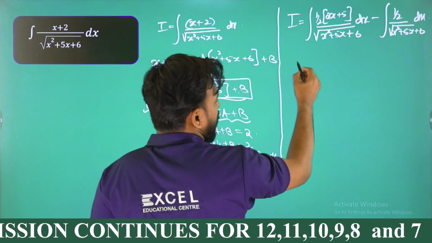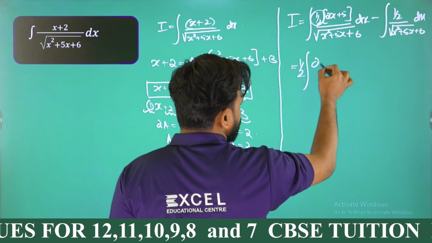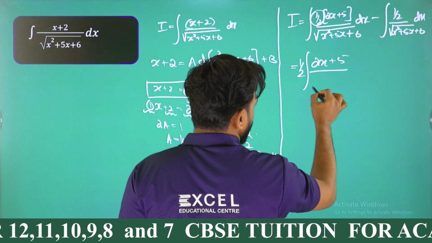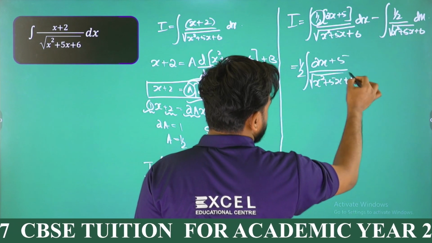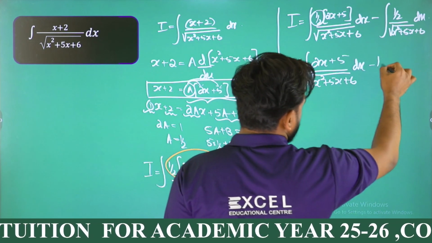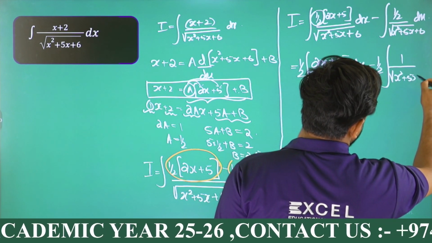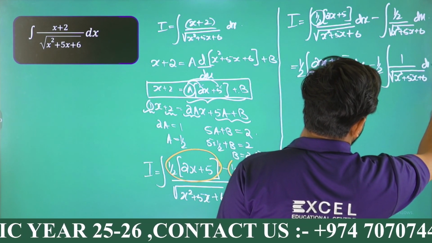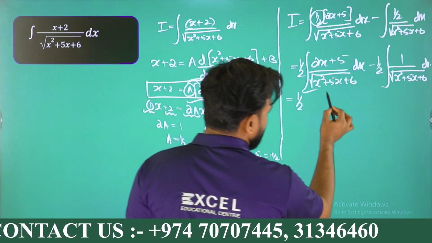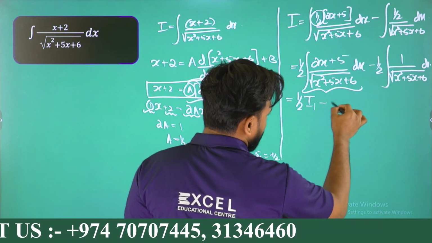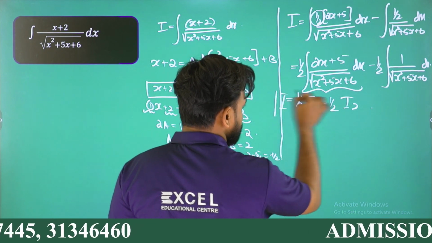Let me take the constants out. I took this 1 by 2 out: integral of 2x plus 5 divided by root of x square plus 5x plus 6 dx, minus 1 by 2 integral of 1 by root of x square plus 5x plus 6 dx. For ease of integration, I'll name this integration I1 minus 1 by 2, and this integration I2, and this will give you the answer I.